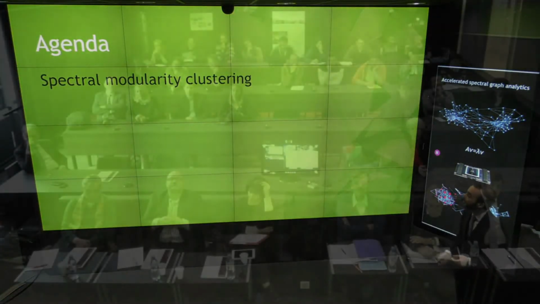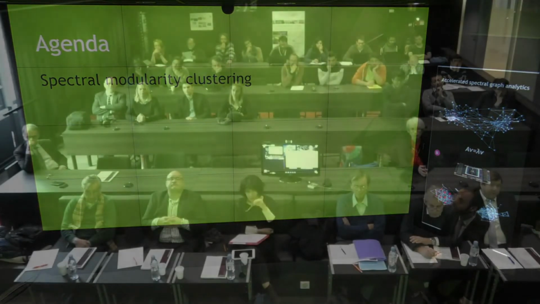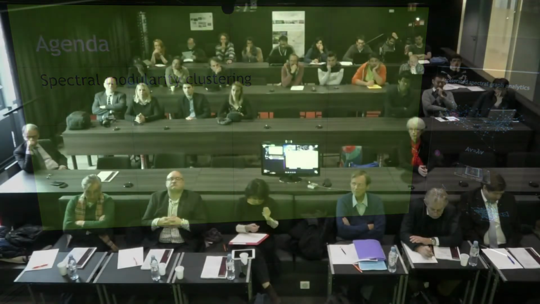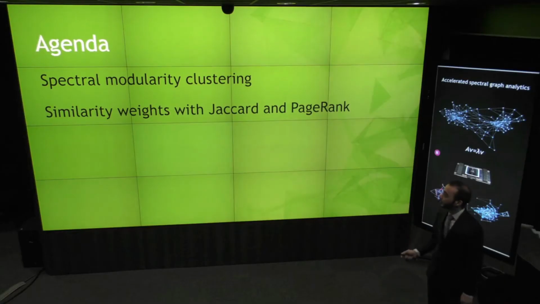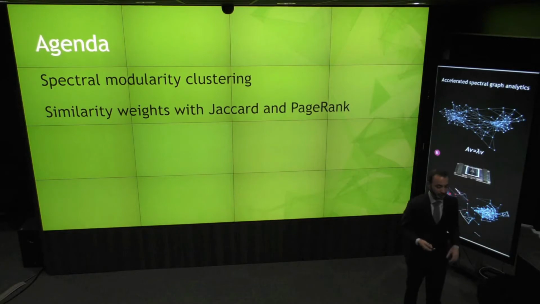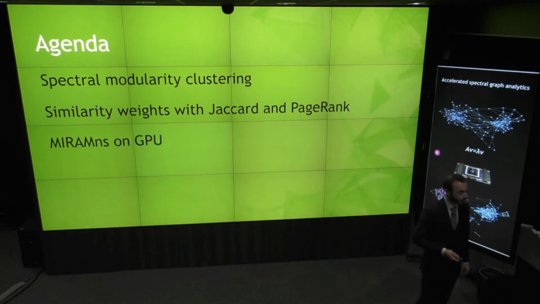And now let me present the agenda of the contributions of this thesis. We will start with spectral modularity clustering, which finds communities in social networks or in other types of networks, basically community detection. Then we'll see a new algorithm for computing similarity weights on the edges, and this is done with Jaccard similarity and PageRank.